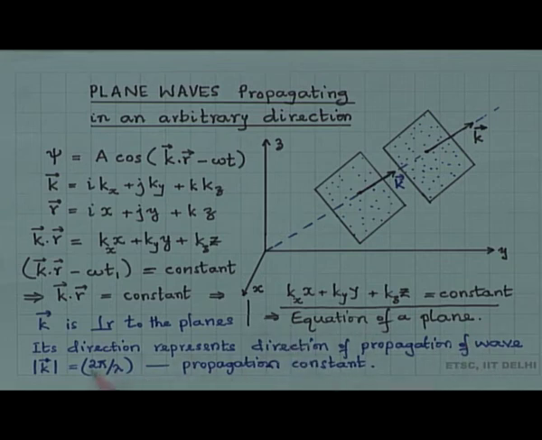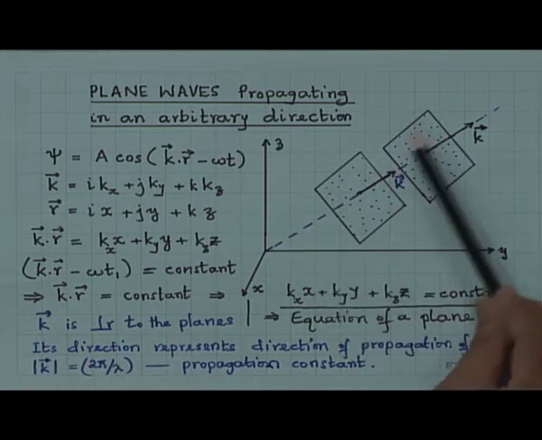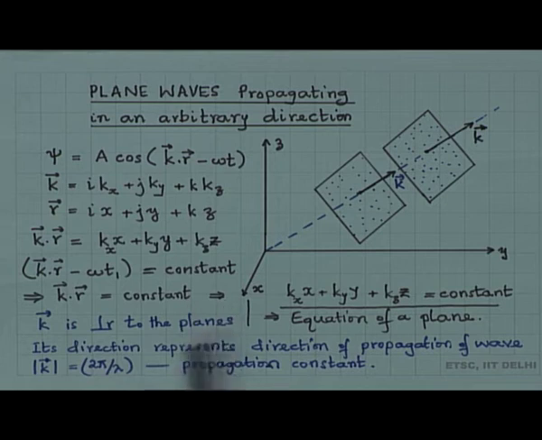We know that a x plus b y plus c z equal to constant represents a plane, and therefore this represents a plane. k dot r equal to constant implies k is perpendicular to the planes.